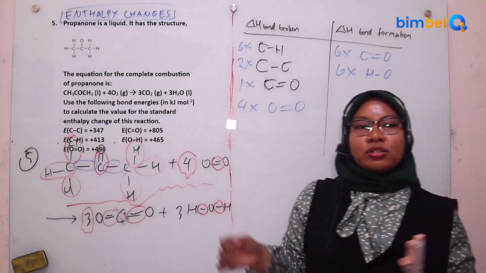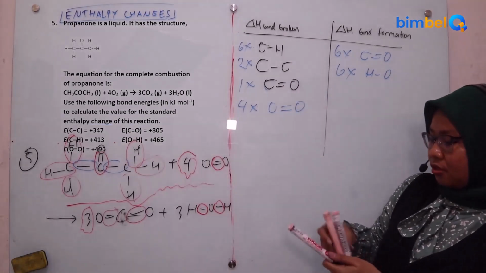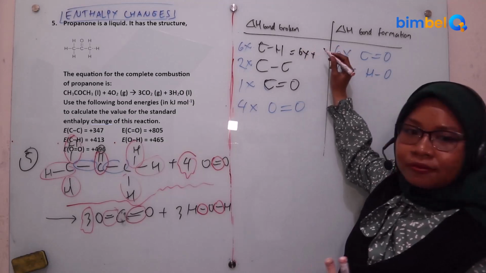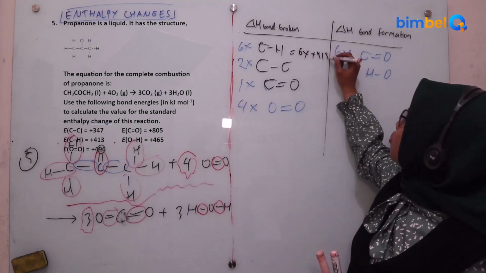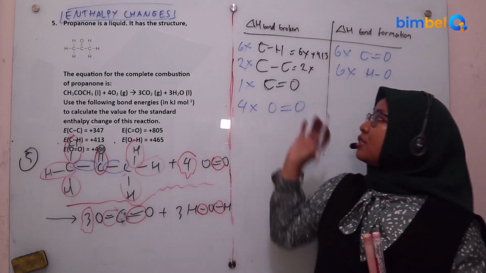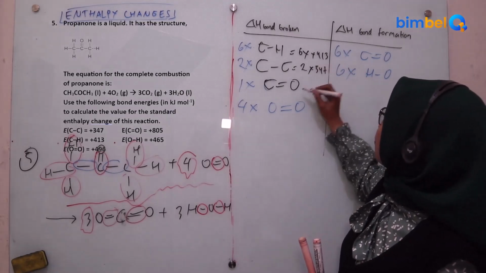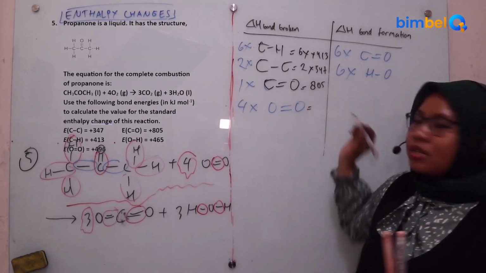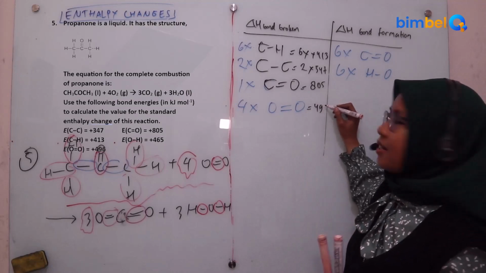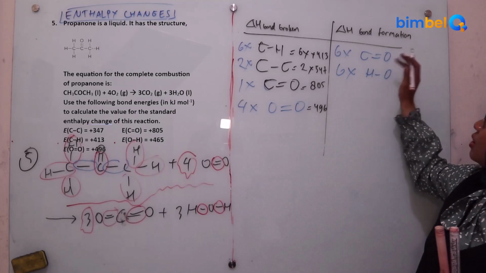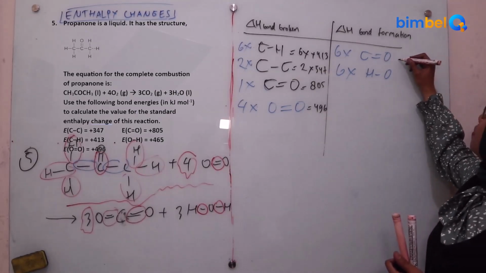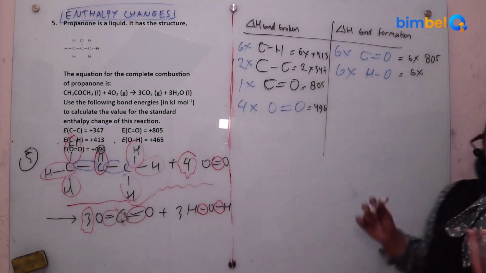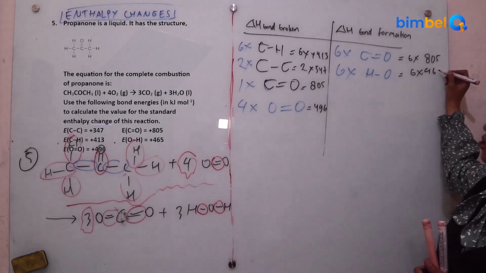Now we can calculate the bond broken and the bond formation energies. For the C-H bond, we have 6 times positive 413, and for the C-C bond, 2 times 347. For the C=O bond, 1 times 805, and for the O=O double bond, 4 times 496. Then for bond formation, we have the C=O bond energy times 6, and for the last bond, 6 times the O-H bond, which is 465.